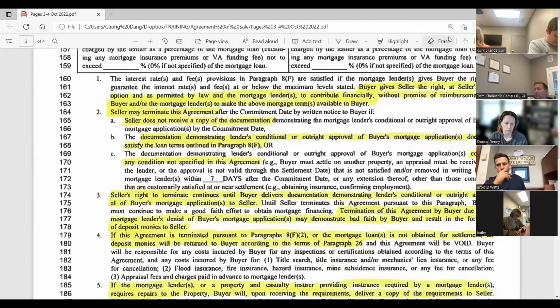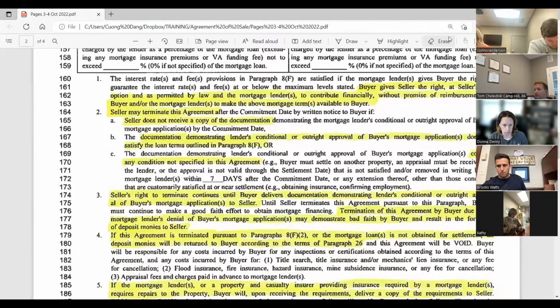That good faith effort could be various things: going to other lenders, asking other lenders to approve them, going back to the appraiser and saying, hey, Mr. Appraiser, I think you shorted us. They have to make some kind of good faith effort to continue with the deal.